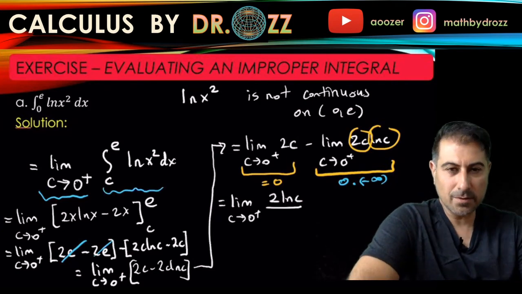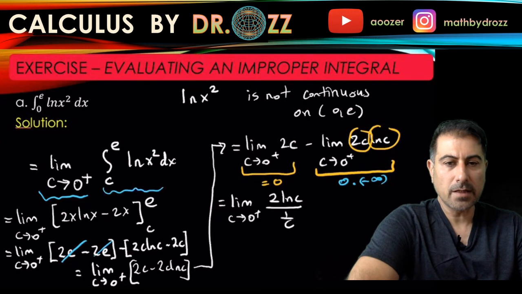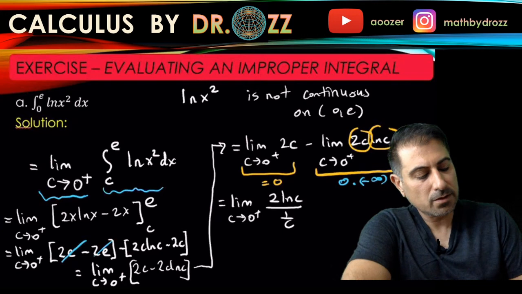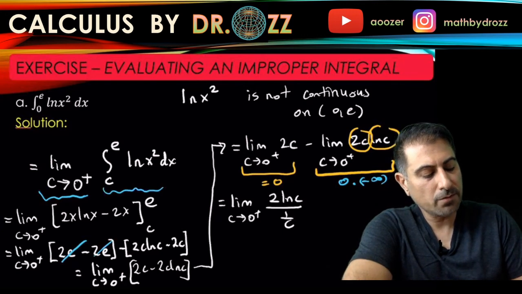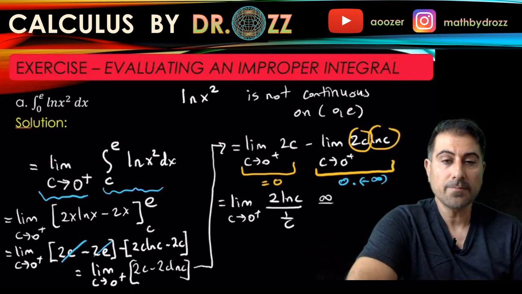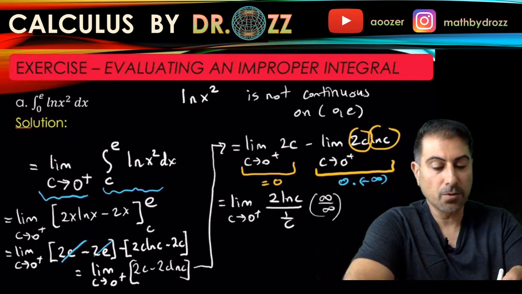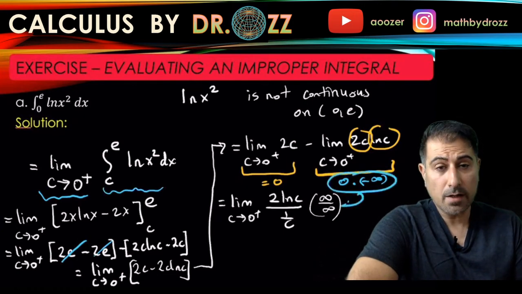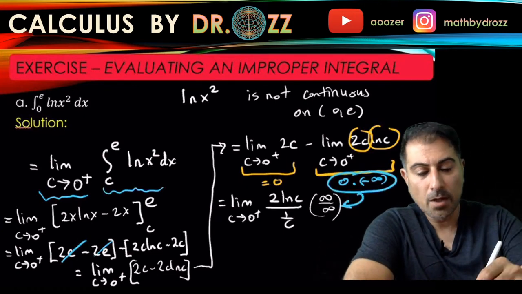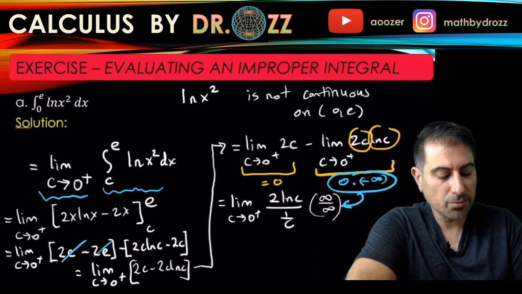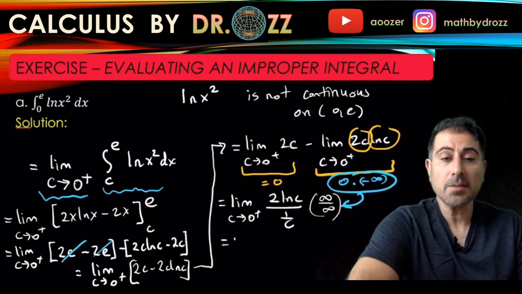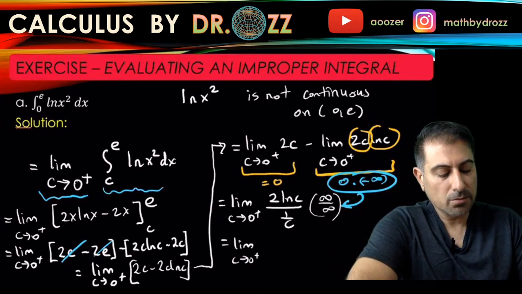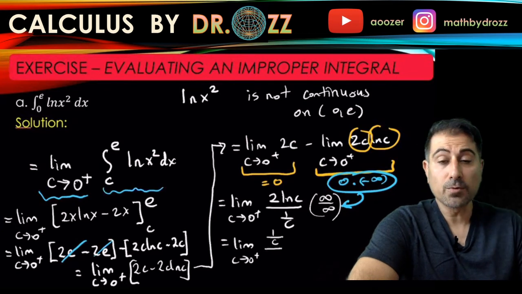I'm doing some manipulation here so that ln c takes you to minus infinity and 1 over c takes you to infinity. So this is still an infinity over infinity type indeterminate form. What we did here is turn this form into an infinity over infinity indeterminate form. But this allows us to take the derivative of the top and the bottom separately by using L'Hopital's rule. The derivative of the top is 1 over c. The derivative of the bottom is negative 1 over c squared.